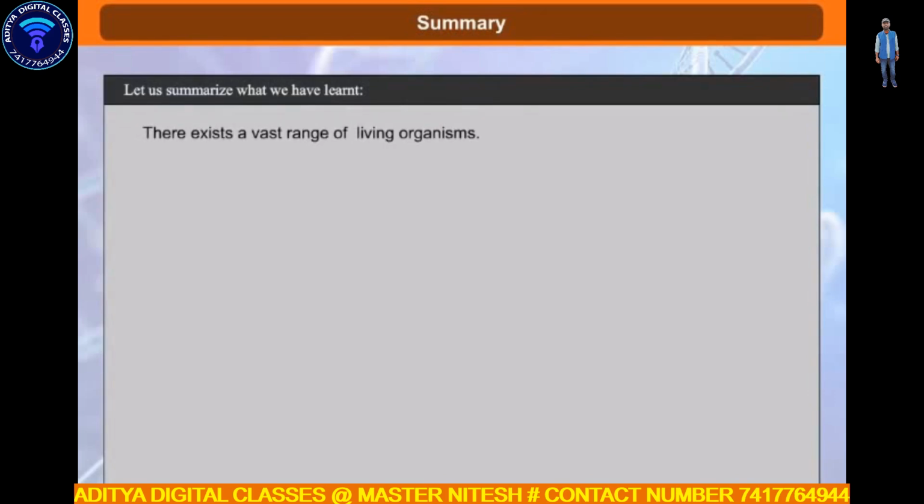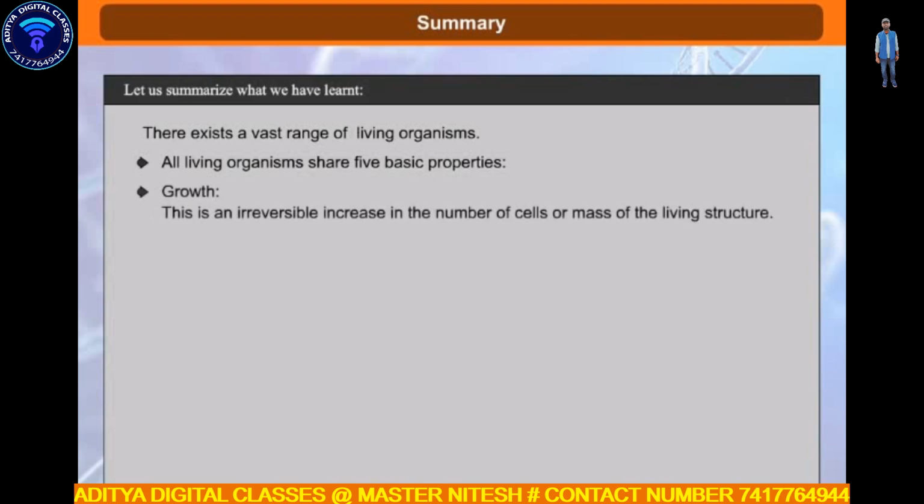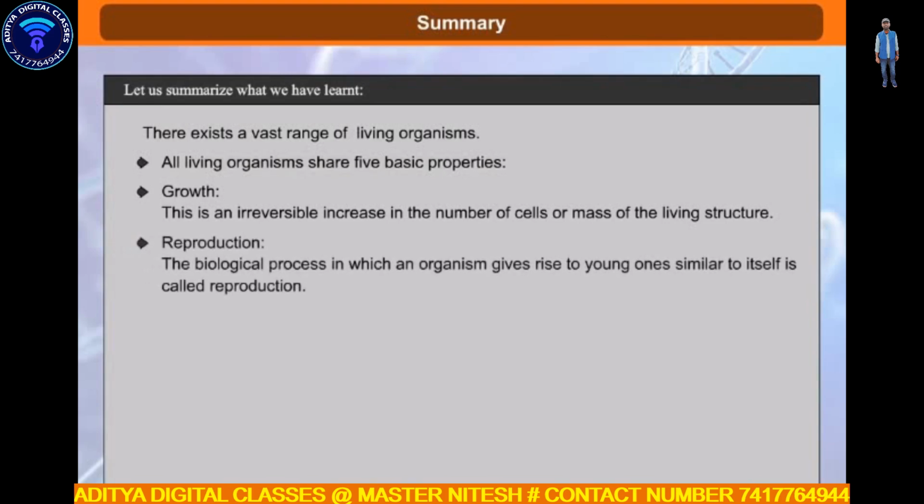There exists a vast range of living organisms. All living organisms share 5 basic properties. Growth. This is an irreversible increase in the number of cells or mass of the living structure. Reproduction. The biological process in which an organism gives rise to young ones similar to itself is called reproduction.